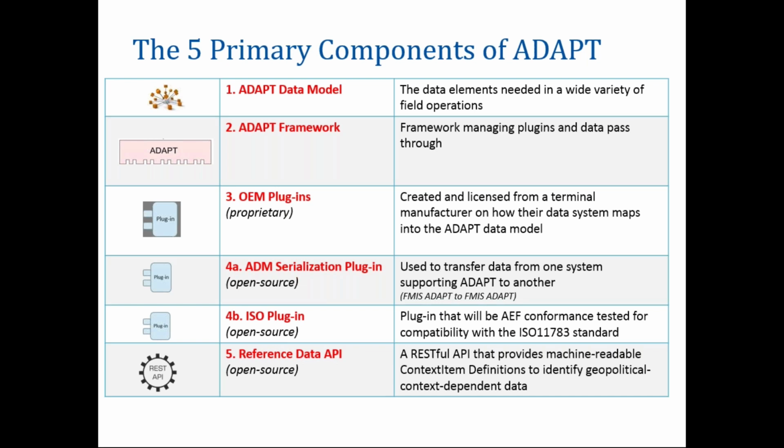Then 4A and 4B are those open source plugins I just referred to, the serialization plugin and the ISO plugin. And then down at the bottom, the reference data API, which is a RESTful API that provides those definitions that you need that are relevant to your area, which is what makes it an international solution.